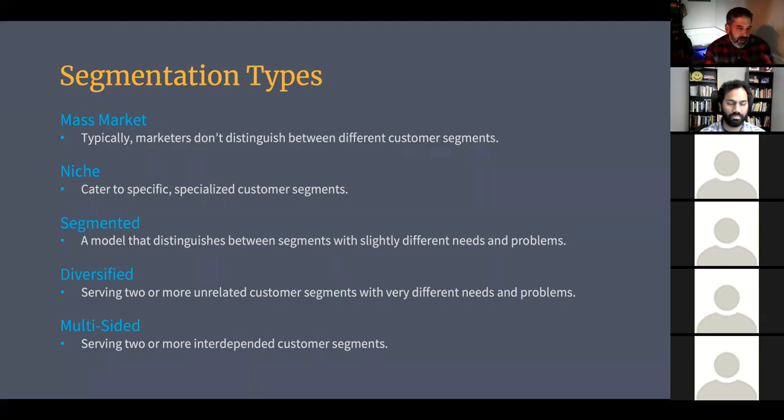Segmented, a model that distinguishes between segments with slightly different needs and problems. So I can segment my groupings, but those groupings of people have some sort of relationship between each other that makes them common. There's only slight differences between the two. And that's opposed to diversified, which is where I'll have different segmentations all together, right?